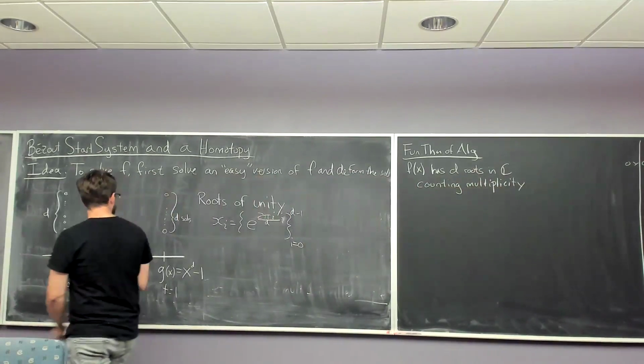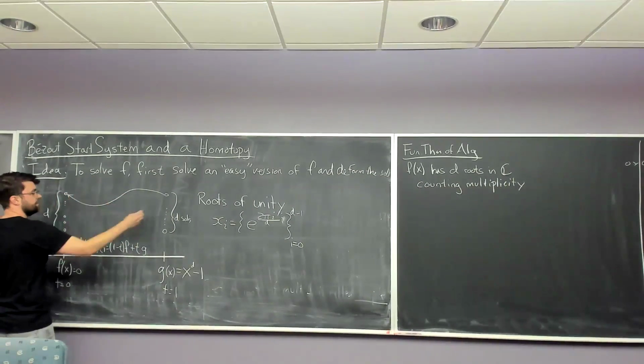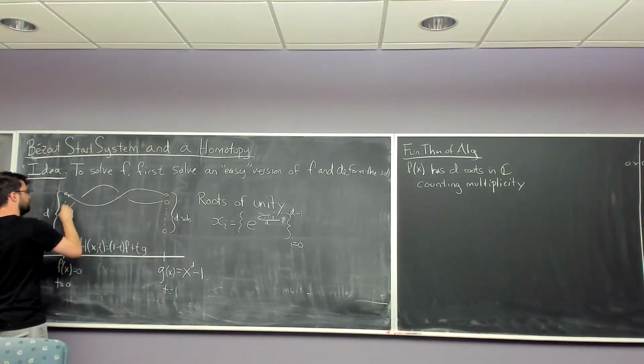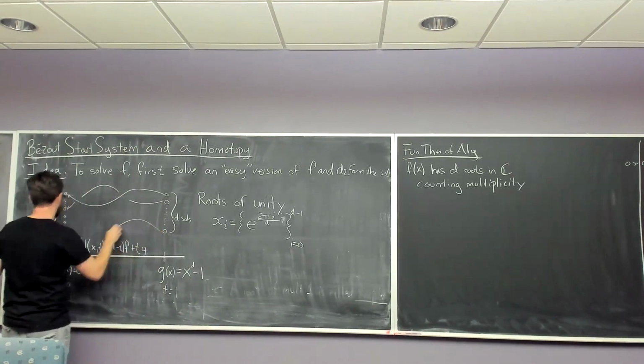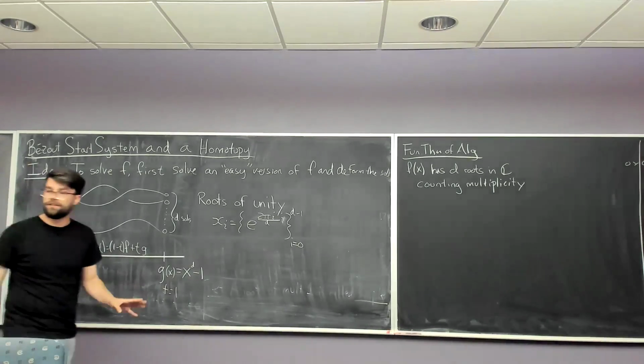Now the picture we want to imagine is that we have these nice smooth paths, the solutions to the d points we want to solve. None of them ever cross. None of them are going off to infinity.